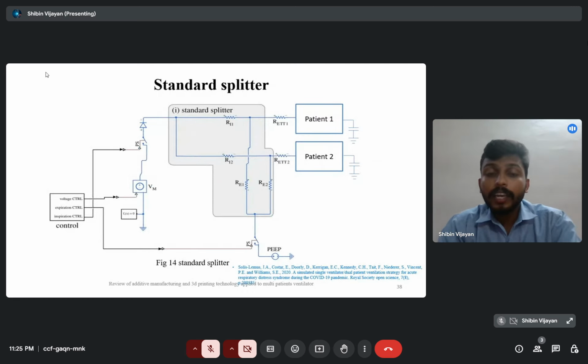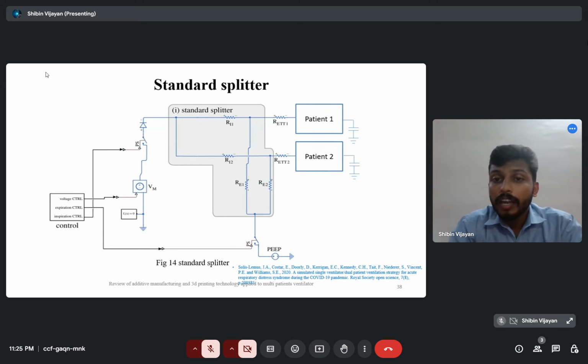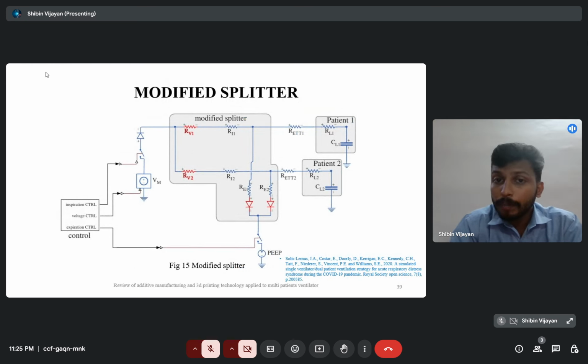In the standard splitter, the resistors represent the tubing of the ventilator, and the capacitor represents the diaphragm of the patient's lungs. Next, the modified splitter also has resistors representing the tubing of the ventilator, and the capacitors represent the diaphragm of the patient. The two extra resistors here are RV1 and RV2.